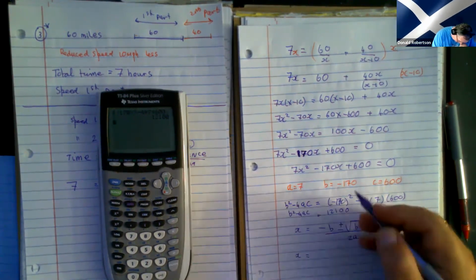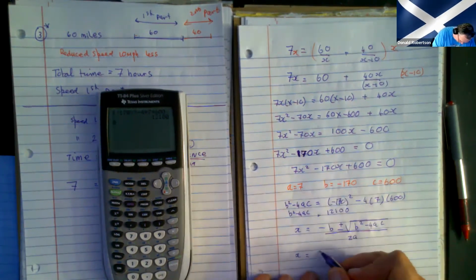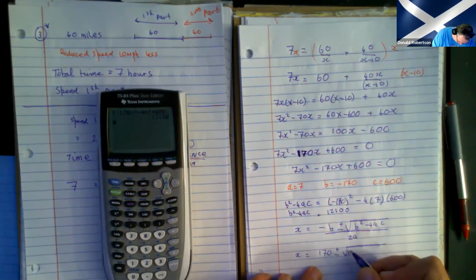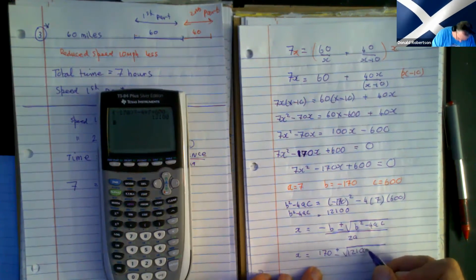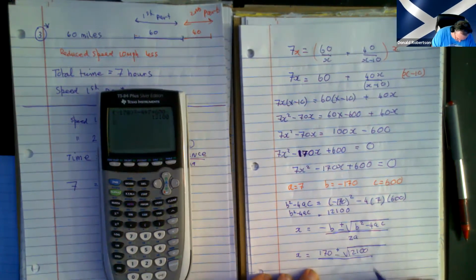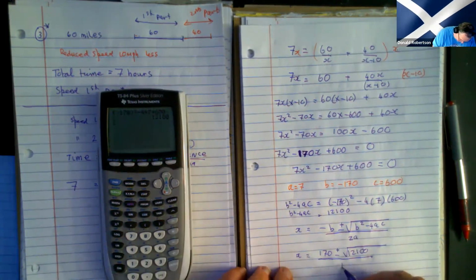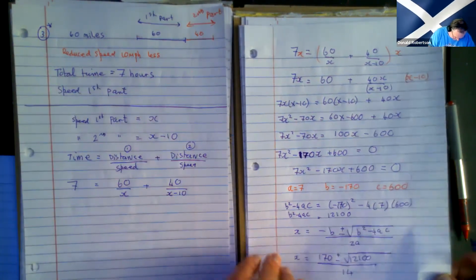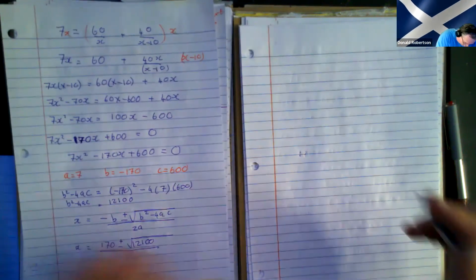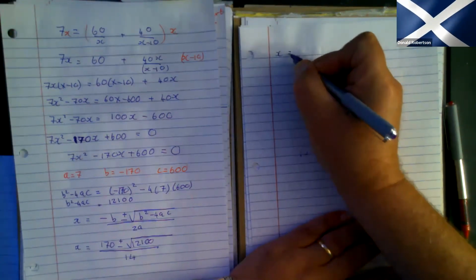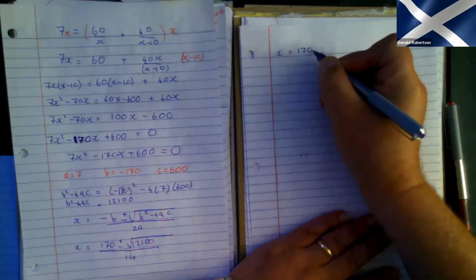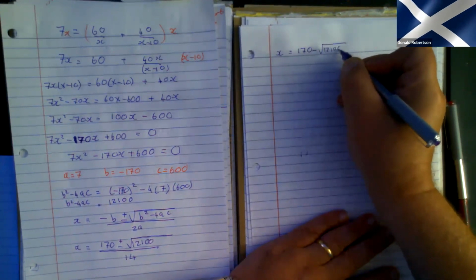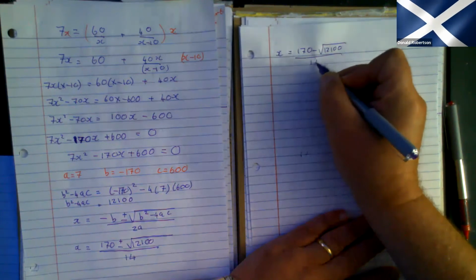That's going to be the negative of this guy, which is positive 170, plus or minus the square root of that thing there, all divided by 2 times 7, which is 14. So at this point, I'm going to split it into its two pieces. One of the solutions is 170 take away the square root of that guy, all divided by 14.